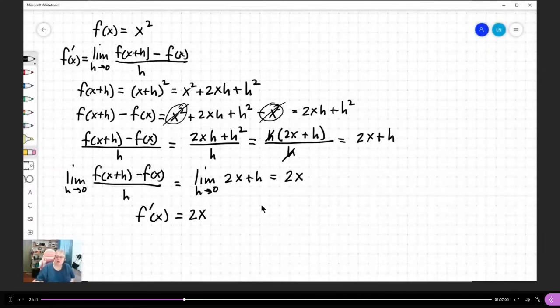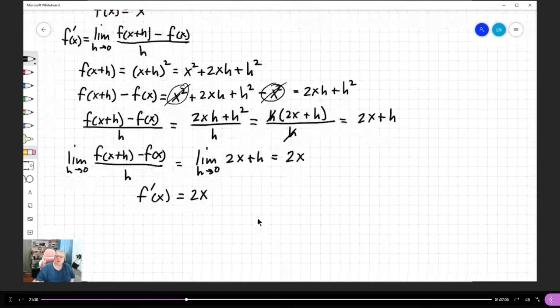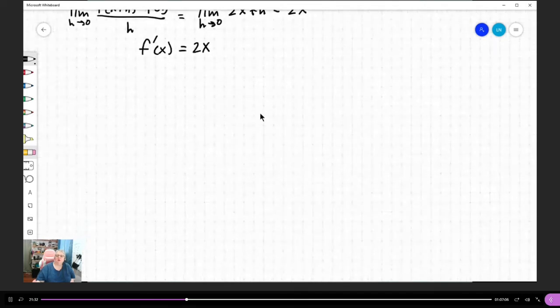If we take a look at a problem where a specific value is needed, suppose I am asked, rather than being asked to find the general derivative, which is what this is, suppose I have a function. We'll take a different polynomial this time.